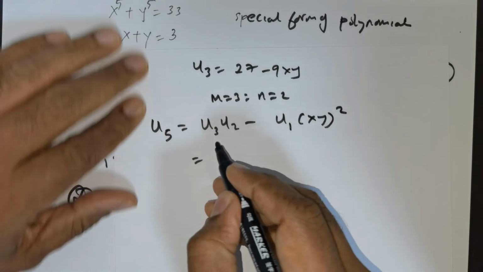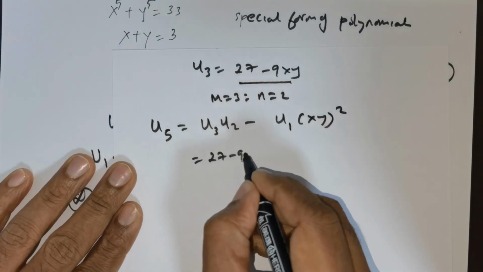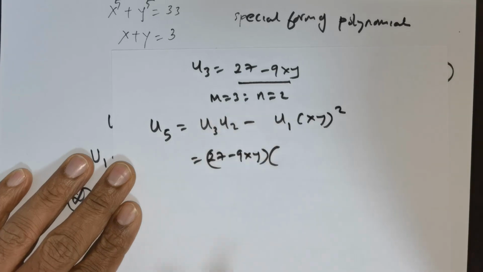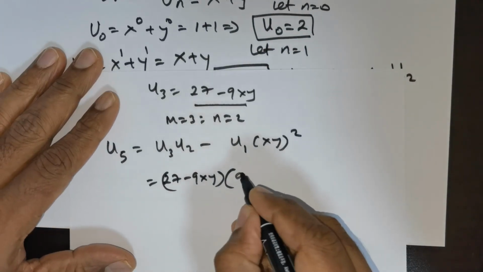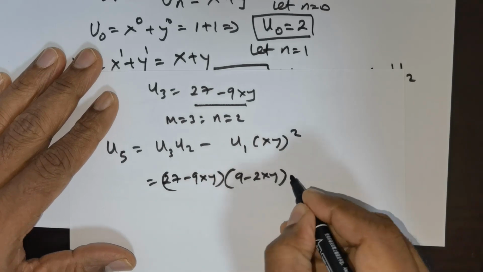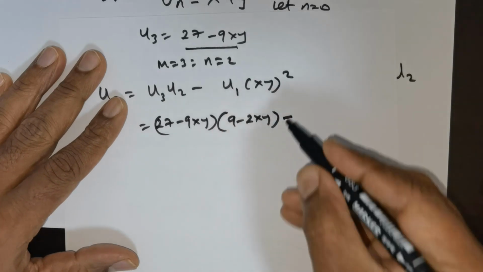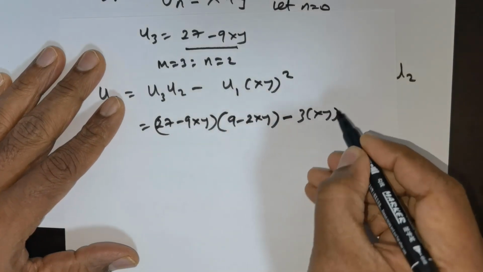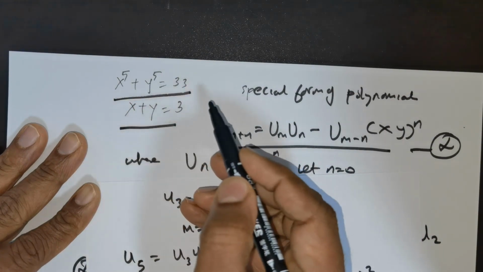So this is going to be u_3, which is 27 - 9xy, times u_2, which is 9 - 2xy, minus u_1, which is 3, times (xy) whole squared. u_5 is this, 33.